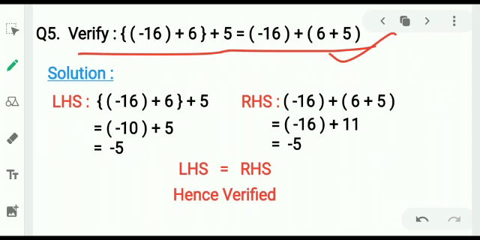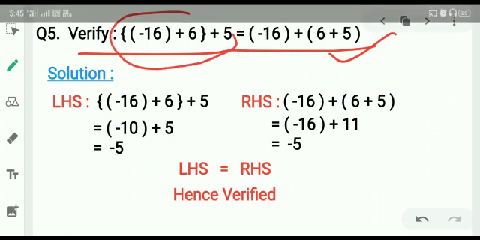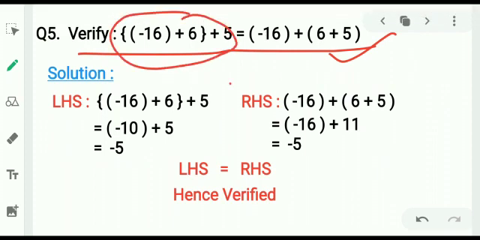The left part of the equal sign is called left hand side, in short LHS, and the part written on the right side of the equal sign is called right hand side, in short RHS. Now we simplify LHS and RHS separately.